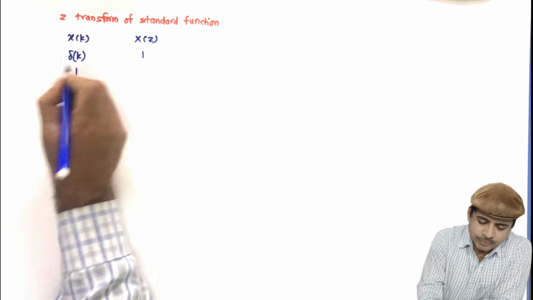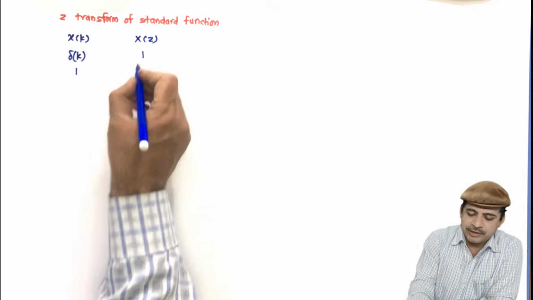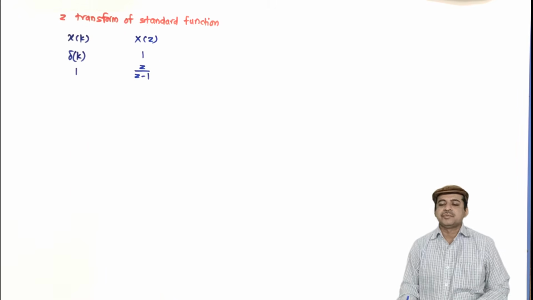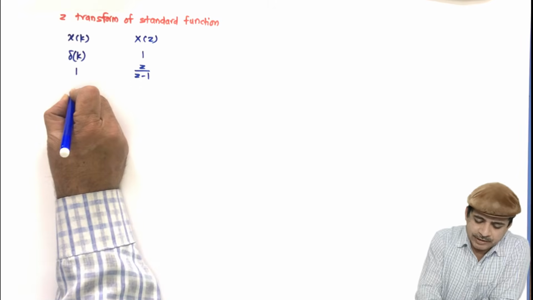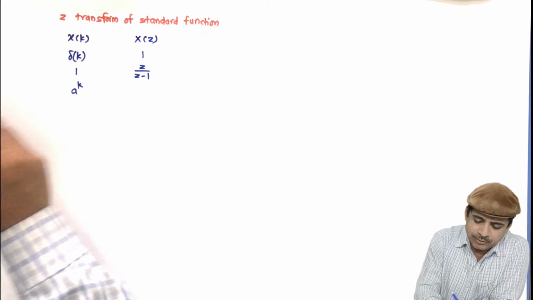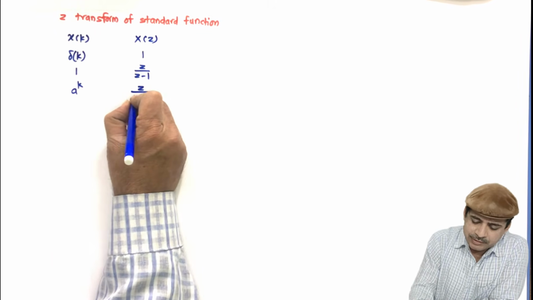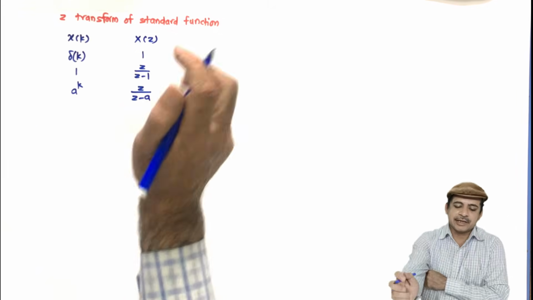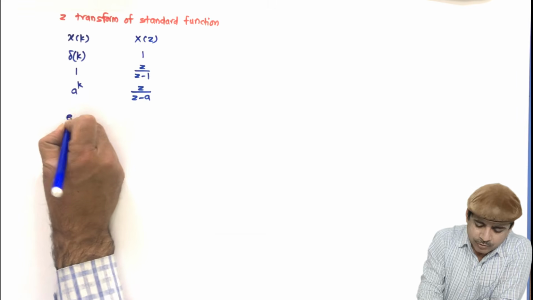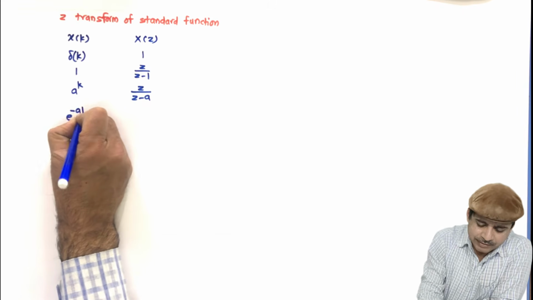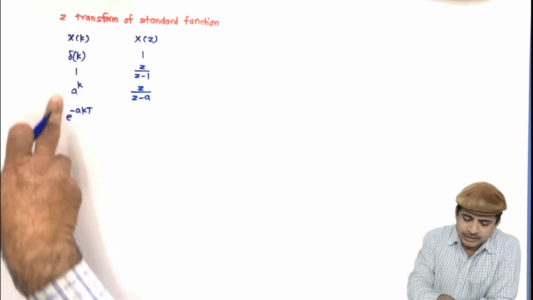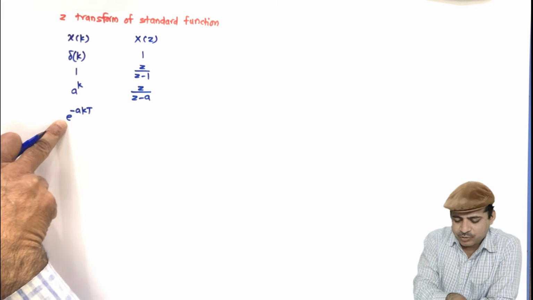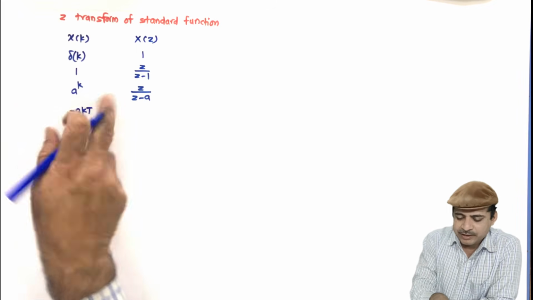Then let me take x of k equal to 1, just we have derived it, X of z is z upon z minus 1. Next I will take a raised to k, for that also I have derived, it is z upon z minus a. Next I will take another common factor which always appears, e raised to minus a k T. So just a common of this, just here you can take a as e raised to minus aT, you will get the same.